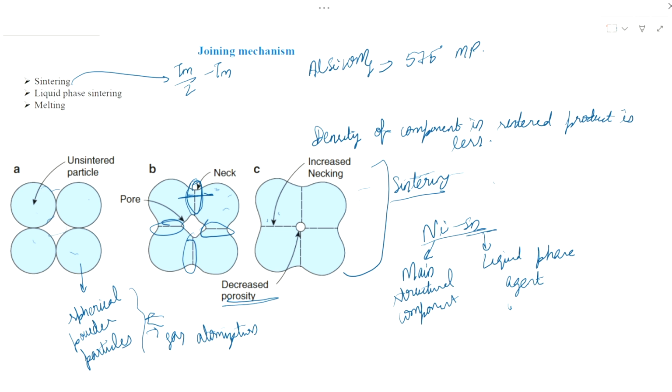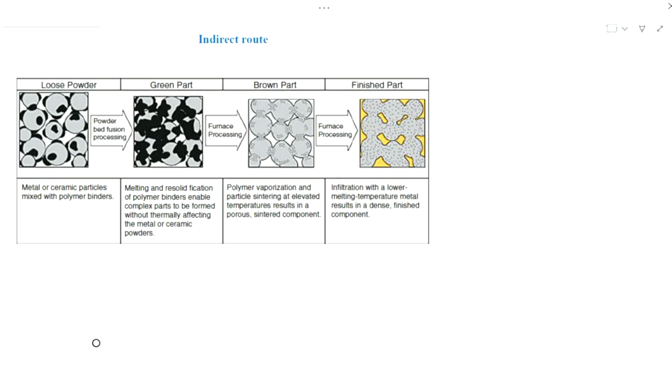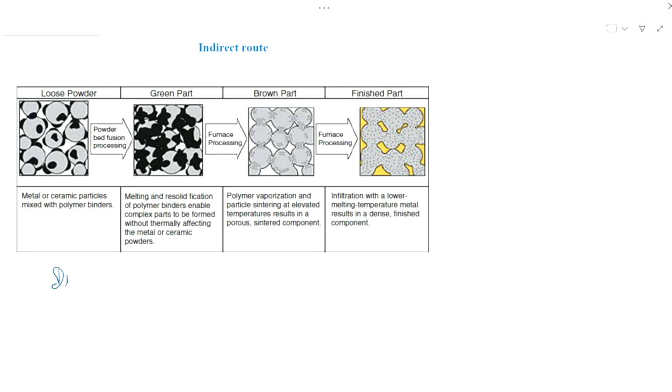Now there are different steps in liquid phase sintering. There are two different routes, direct route and indirect route. We'll see in the next slide. Here we have the discussion of the indirect route, so we will write about the direct route.